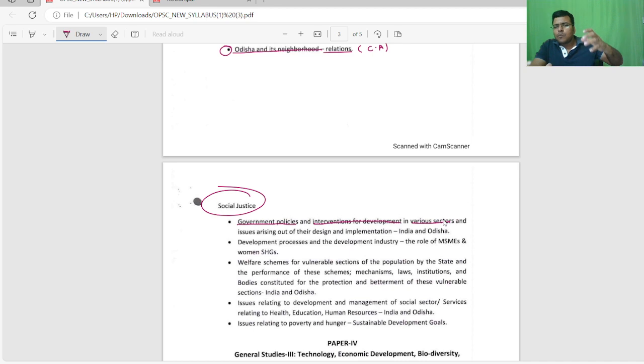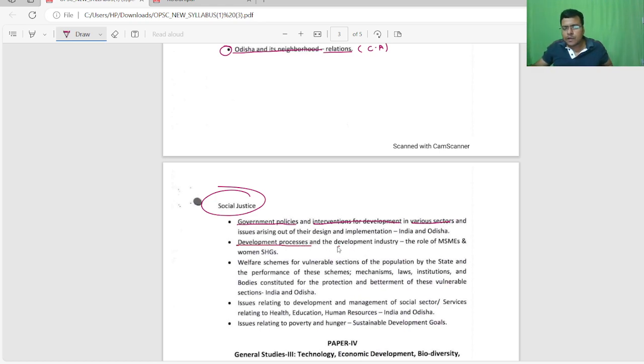So what role does policy play to intervene in development in various sectors, and what are the limitations they face, and issues arising out of their designing and implementation in India and Odisha. So it is all about public policy, the role of public policy for various sections of society, what limitations public policy faces, everything.